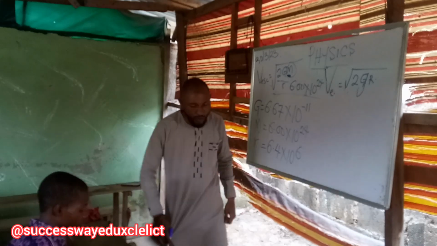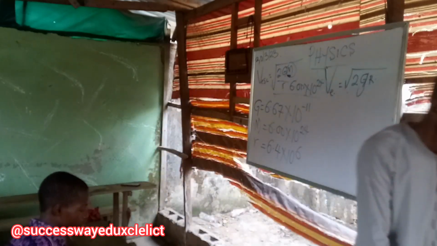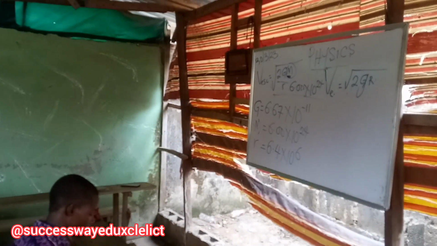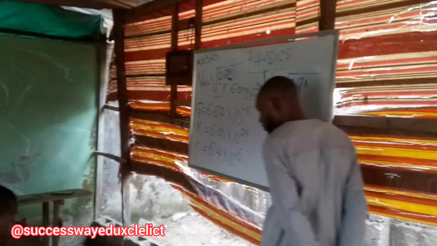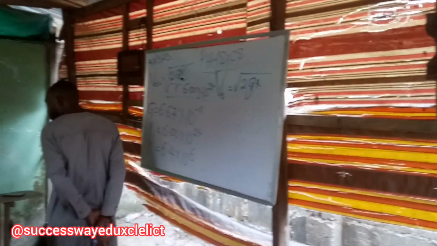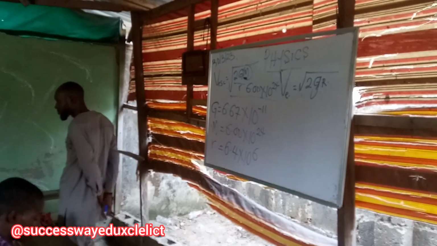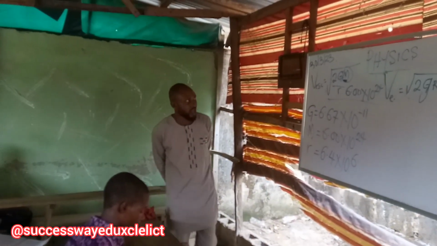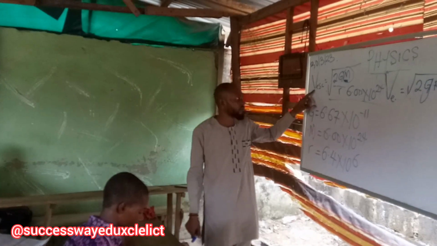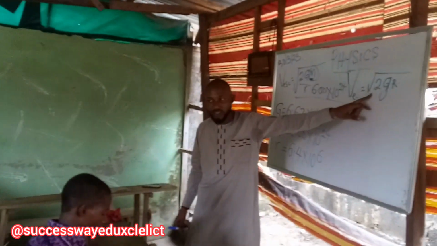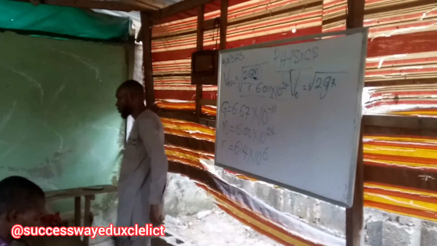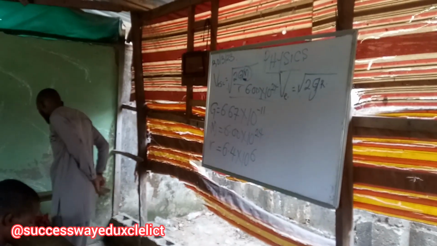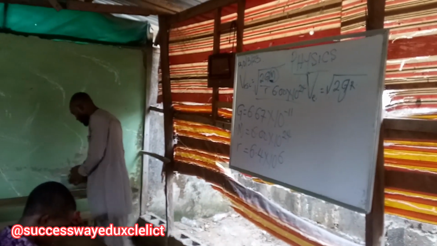Let's do that and confirm our answer before moving to the next question. Escape velocity, formula 1. Escape velocity, formula 2. So use any formula to arrive at your answer.